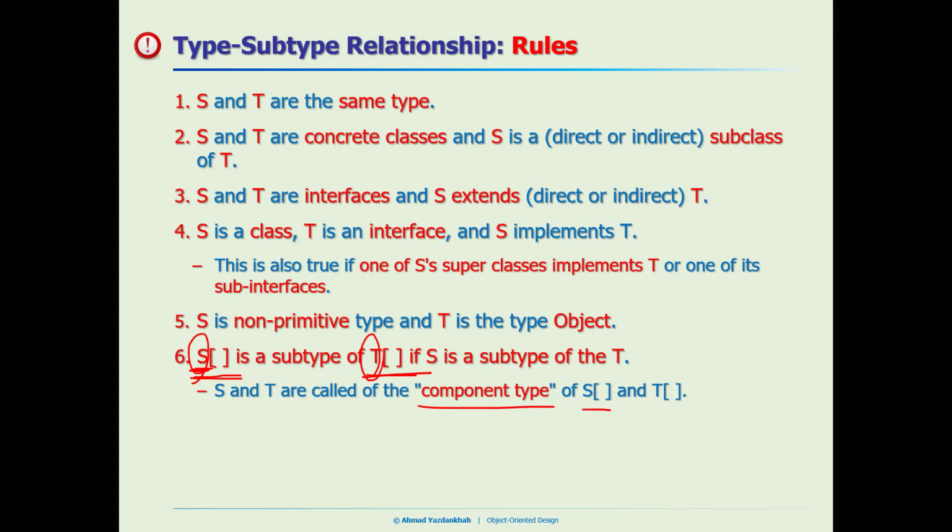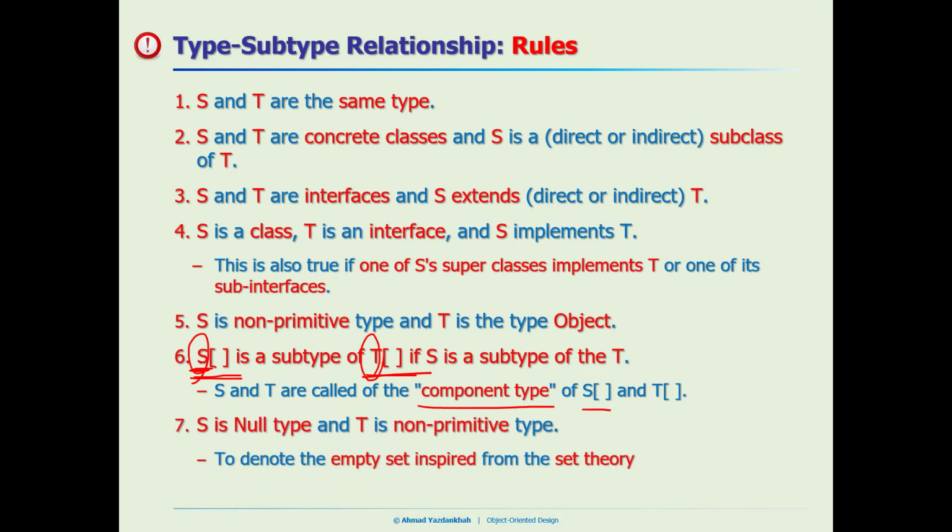All right, and rule number 7 is the null type. When we say S is a null type, because null has only one value, it means that S is equal to null. So null actually is the subtype of all of the non-primitive types.